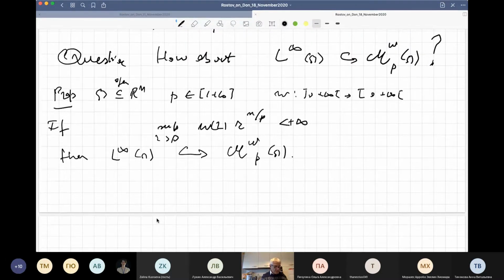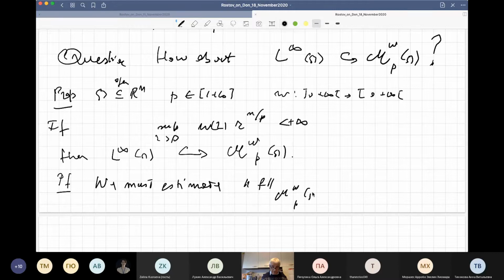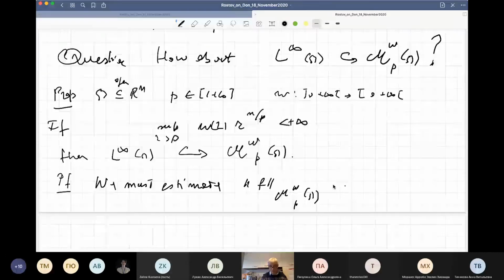And so we have to show this embedding. Proof. So we must estimate the norm of F in MWP omega, right? In terms of the infinity norm.